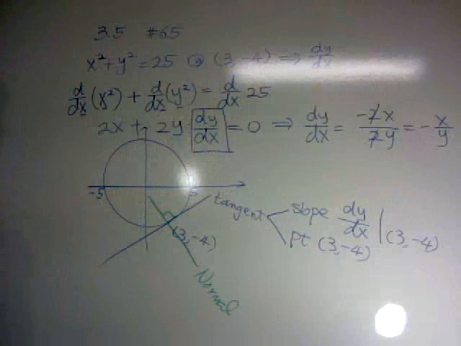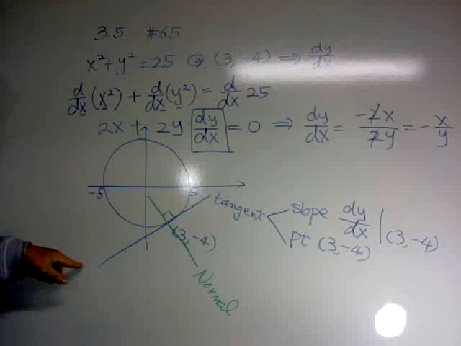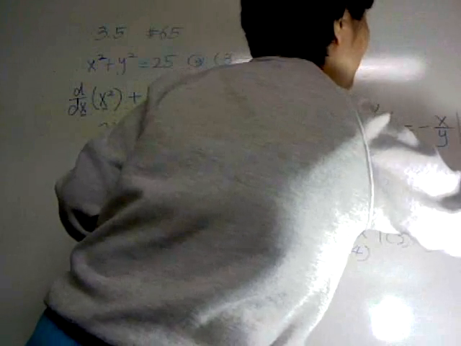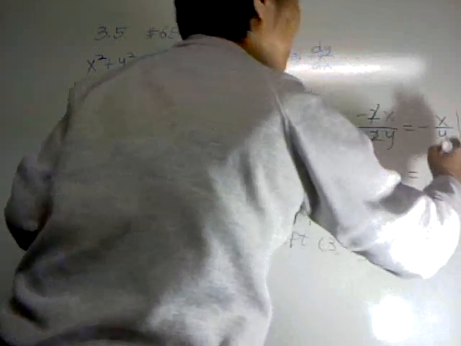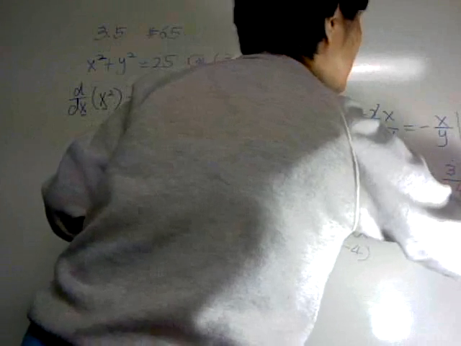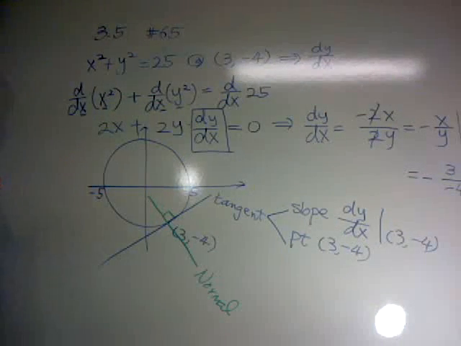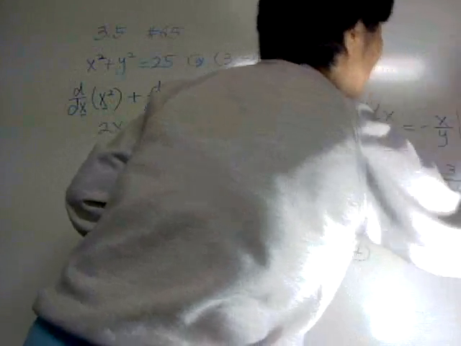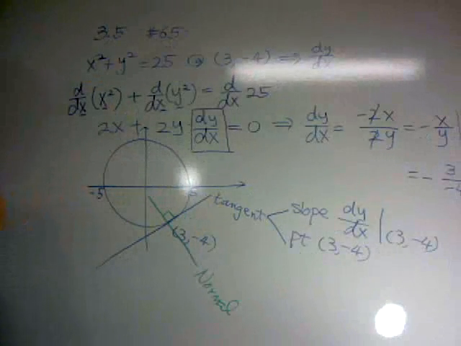So the dy/dx, which gives the slope of this tangent line, turns out to be negative x over y. And at this point we have (3, -4). So what is that? Negative 3 over negative 4, which is positive 3/4. So the slope of the tangent line is 3/4.